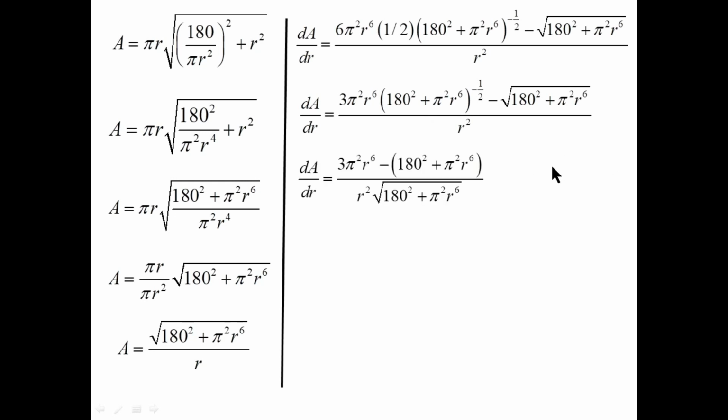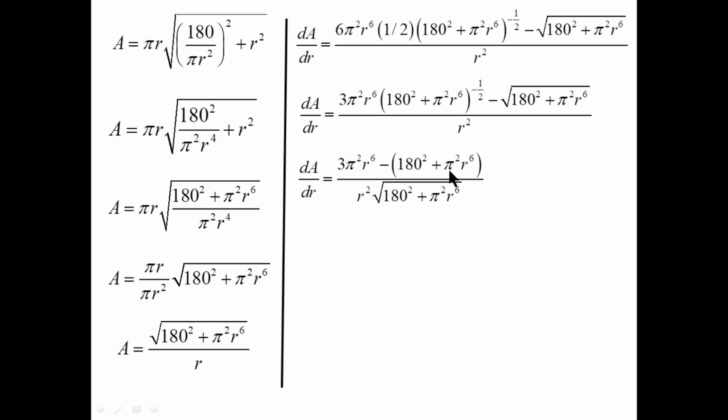Next, what happened here? Well, there's a negative exponent on this factor, so it's going to end up in the denominator under a root sign, like that. There it goes. But that denominator is being shared with this term.